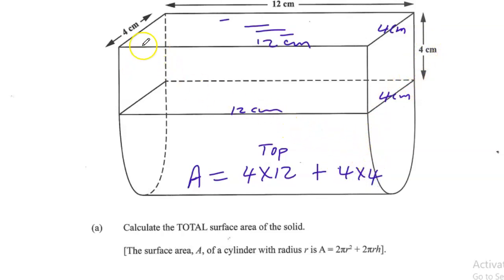But this other side is also the same, so it's 4 times 4 times 2. That's the sides. And then this side would be 12 times 4, and that's times 2, because the opposite side would be the same area.